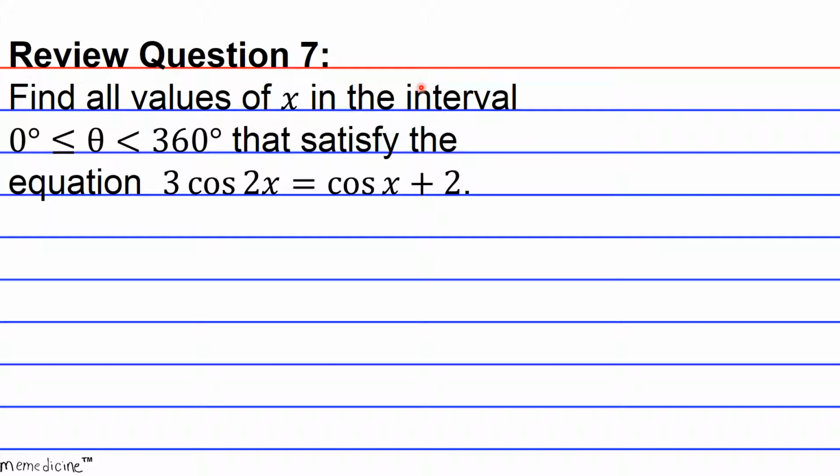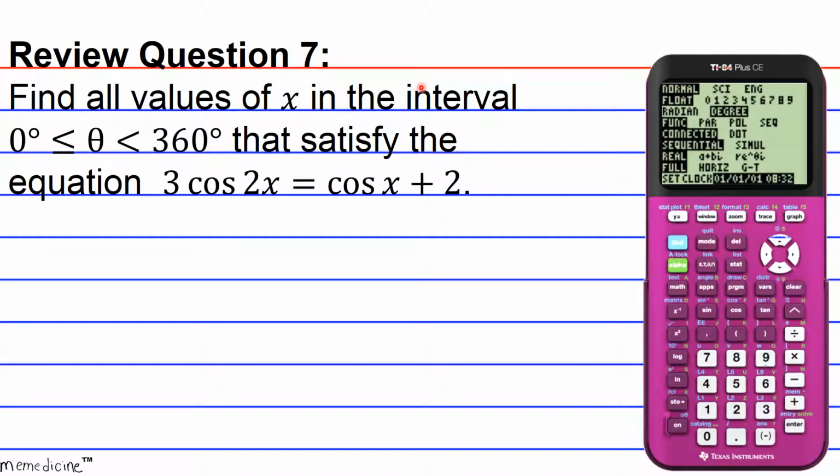All right, so the first thing that you're going to need to do is ensure that you're in degree mode, okay? You can get there by pressing mode, then the down key once to take the cursor from hovering over normal to hovering over float. Then press the down arrow a second time so the cursor hovers over radians.